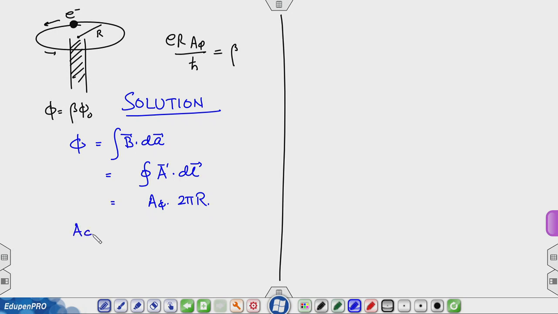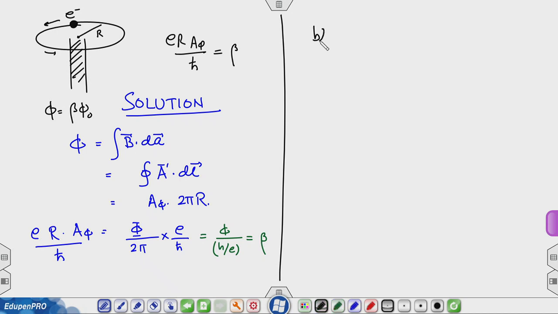And therefore, A phi times r is equal to phi, the flux, divided by 2 pi. If I now multiply by e, divide by h cross, this becomes equal to phi over h over e, which is given to be beta. So, if you choose that A phi is a constant over this path, then this relationship is satisfied.